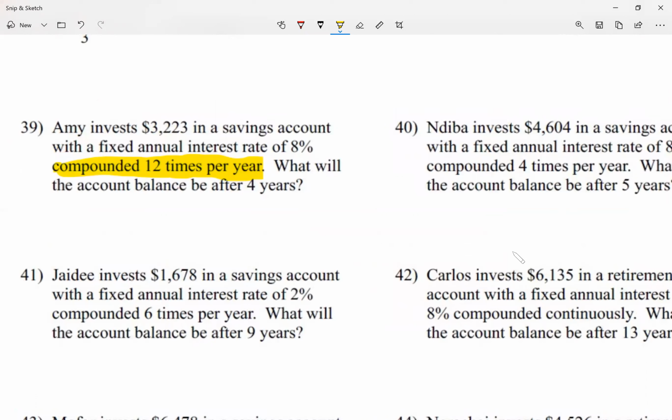Now, the formula we're going to use is going to be the amount. And the amount is basically the initial amount, which we call principal, plus the interest. So the amount is going to be the principal, which is the money we start with. If I borrow money, that's my principal.